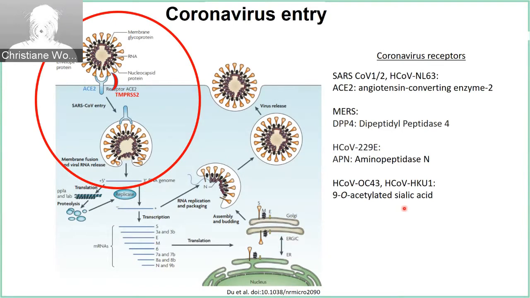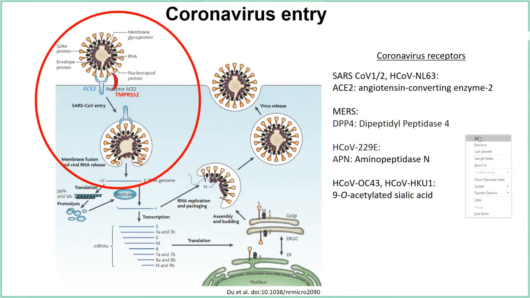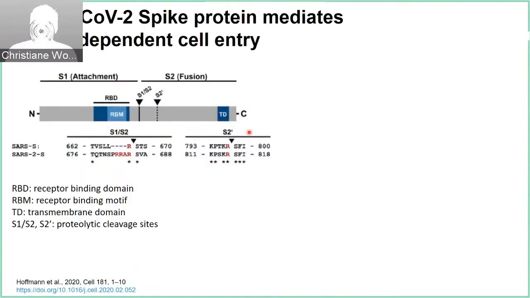The protein that mediates this is the spike protein. You can see a cartoon here of the domain structure of the spike protein, with the S1 domain, the N-terminal domain, being responsible for attachment.